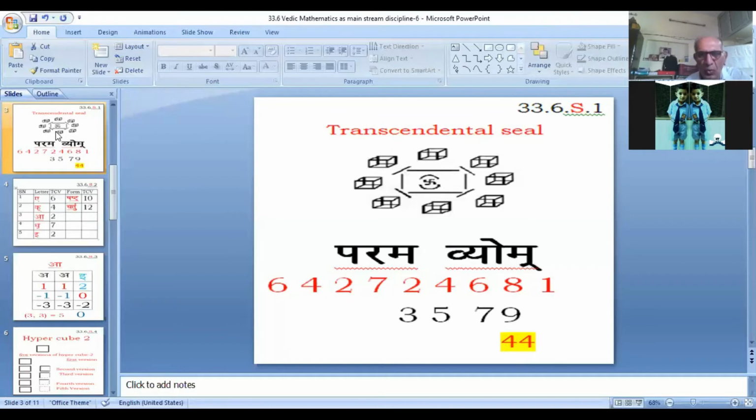This Param Vyom will amount to a reach of values 6, 4, 2, 7, parallel with the first quadruple steps of the creative space, and then the next 4 steps will be of values 3, 5, 7, and 9, and finally the culmination point is 1. As we know, 1 square is equal to 1 cube. Now this reach as 6, 4, 2, 7, 3, 5, 7, 9, and 1 becomes 44. It is parallel to the TC value of Param.